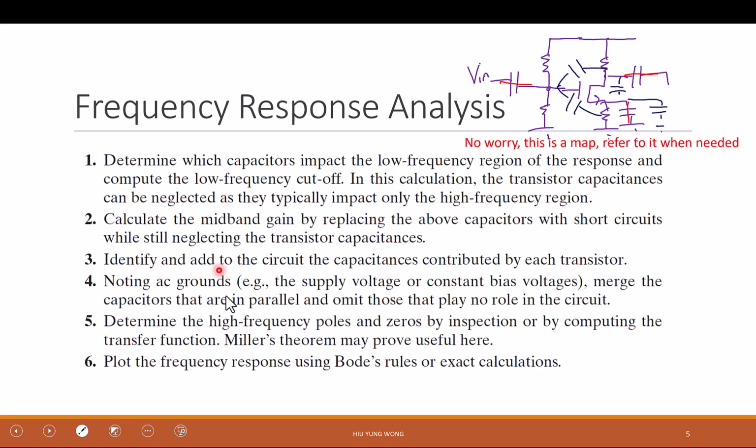I add these, and of course I need to merge the capacitors and omit those that have no role. We did that before. Then we may use the Miller theorem and find the poles at this high frequency, so eventually we complete the whole Bode plot of this system. Is that okay? Any questions?